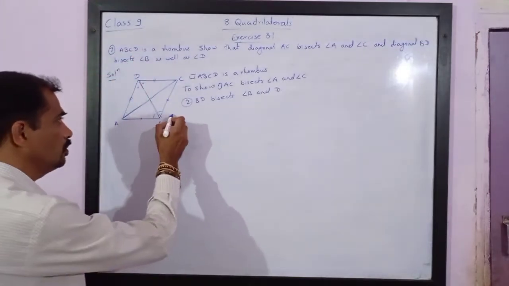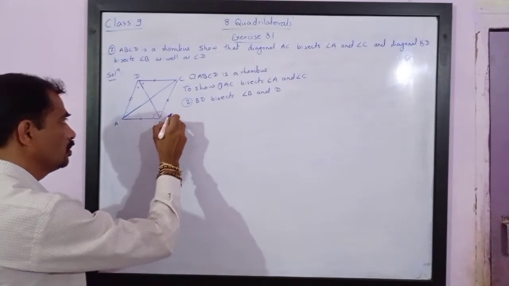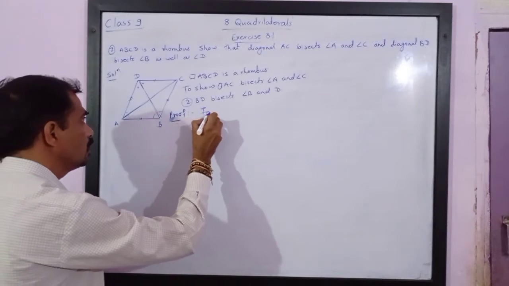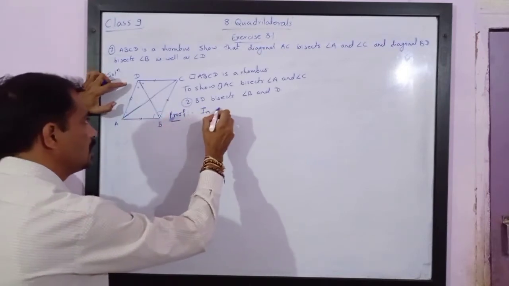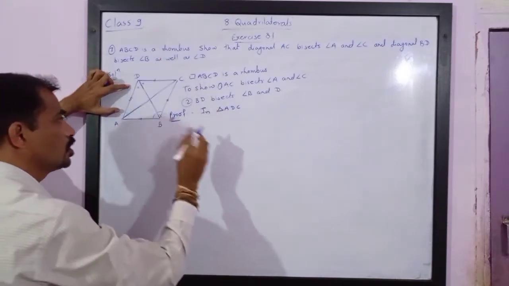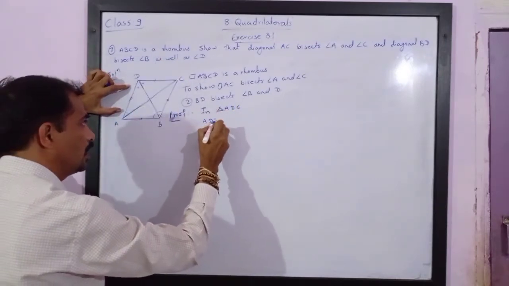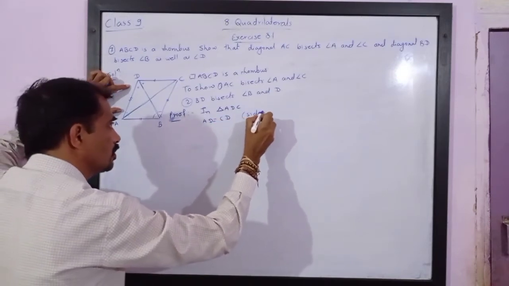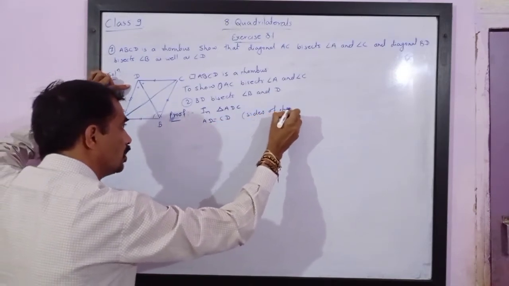So solution or proof, you can say, in triangle ADC, AD equals CD. Reason is they are sides of rhombus. Sides of rhombus are equal.